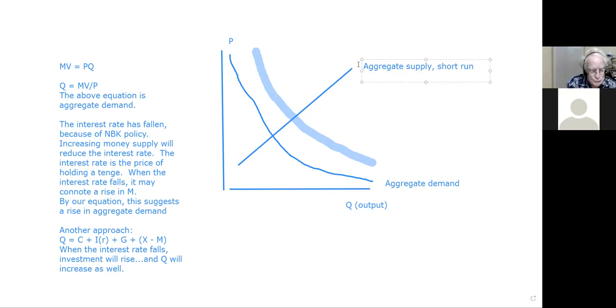By the short run, I mean that input prices are fixed, the wage in particular. So as the price level rises, firms can sell their output for more, and they will profit because they do not have to raise the wage. The wage is fixed in the short run, perhaps by contract.